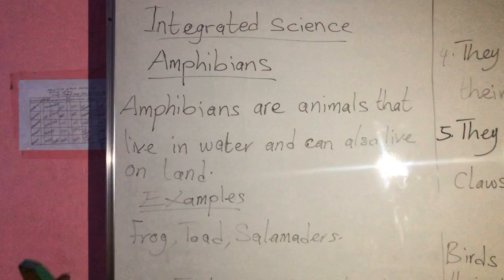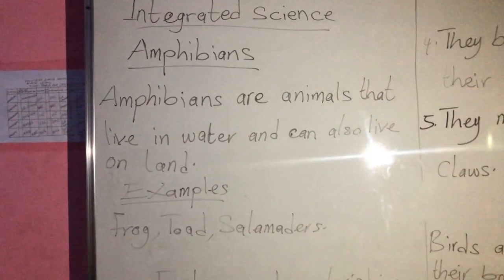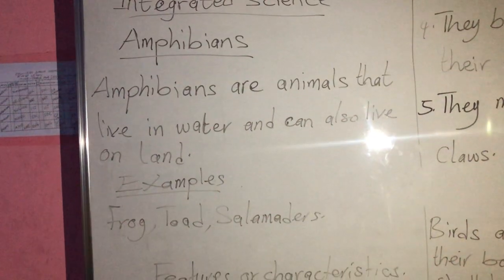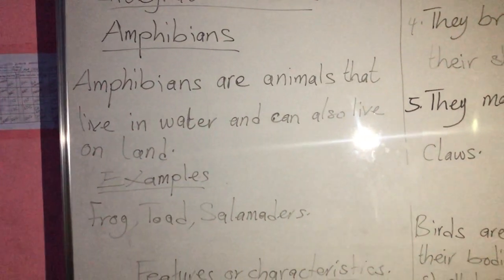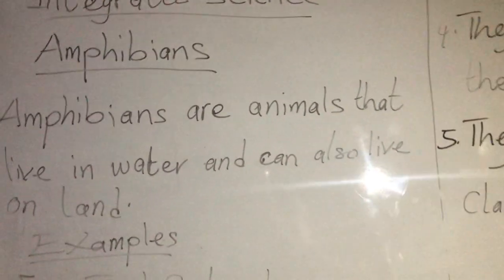Then we look at their characteristics, the features that show that an animal is an amphibian. So we say amphibians are animals that live in water and can also live on land.